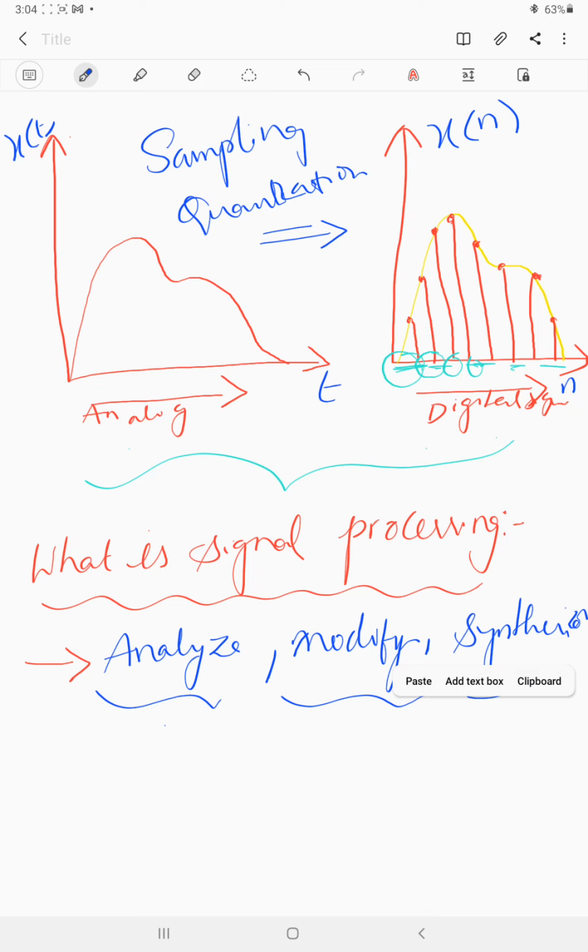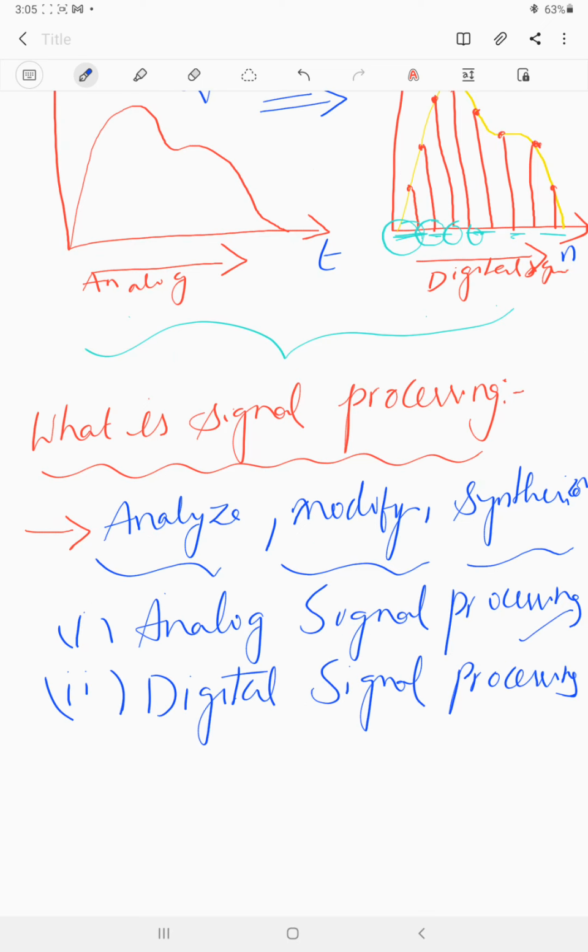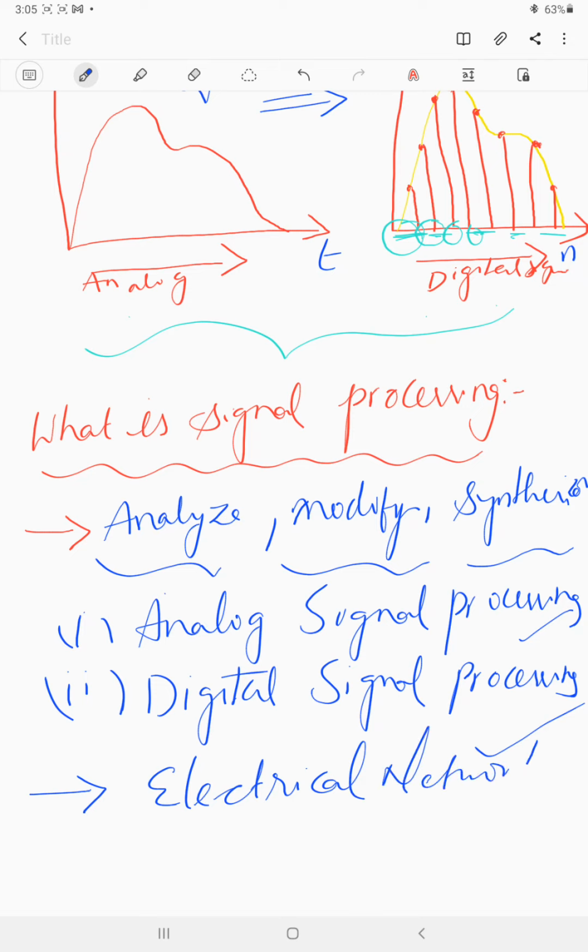It is classified into analog signal processing and digital signal processing. In analog signal processing, the signal is processed using an electrical network, which consists of active and passive elements. An example of an active element is the op amp.